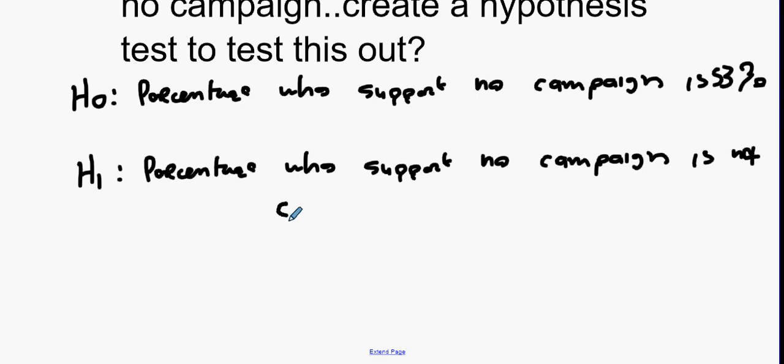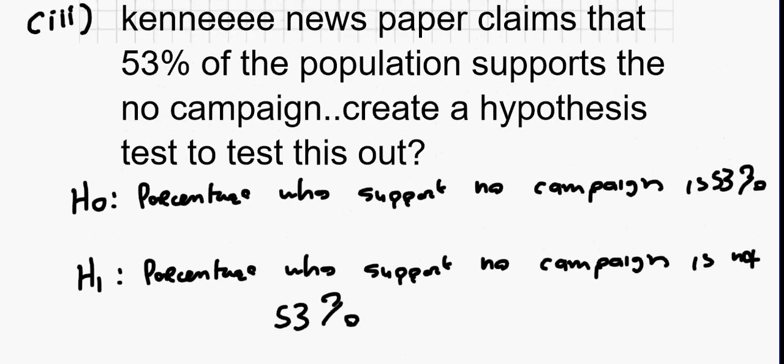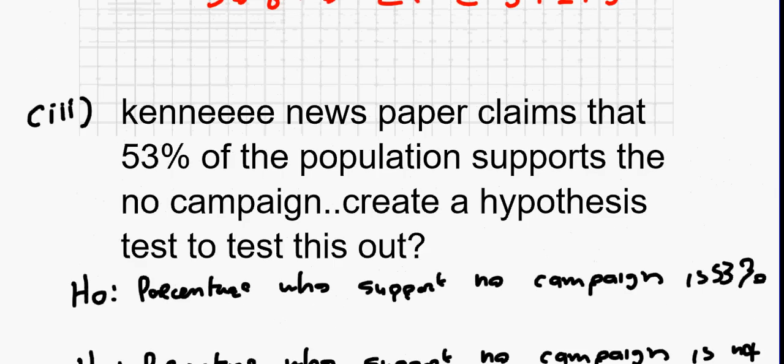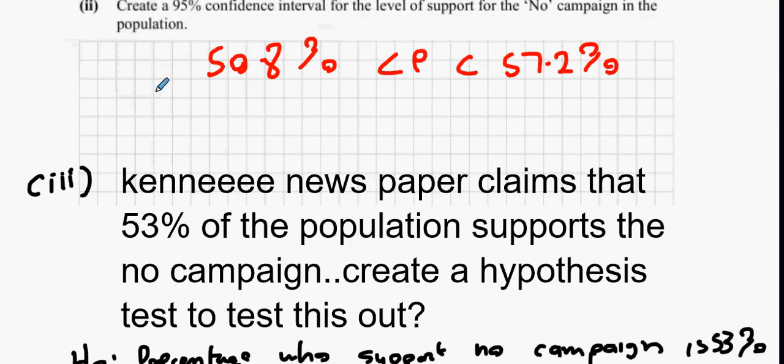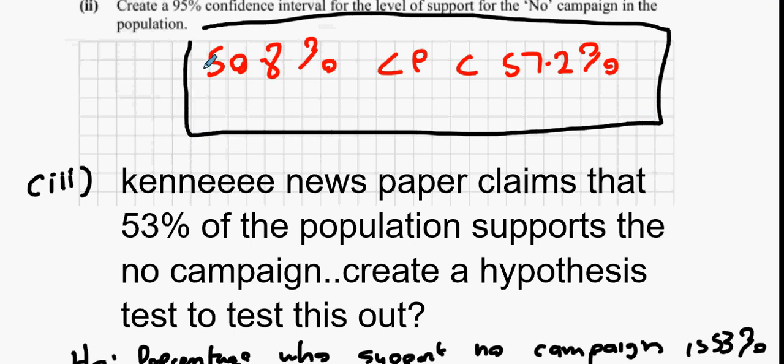Now, unlike the previous two questions we did in this, can we reject H0? And if so, why not? Yes. I don't think we can reject it. Reason being, 53% is within this confidence interval. The confidence interval says the answer is somewhere between 50.8 and 57.2. Is 53 in that region?